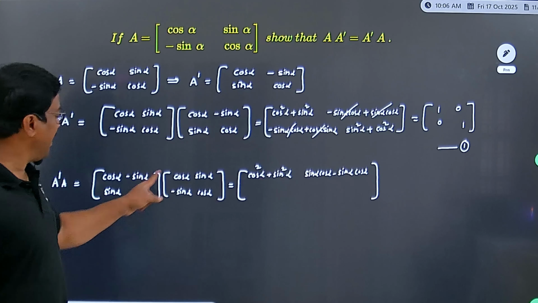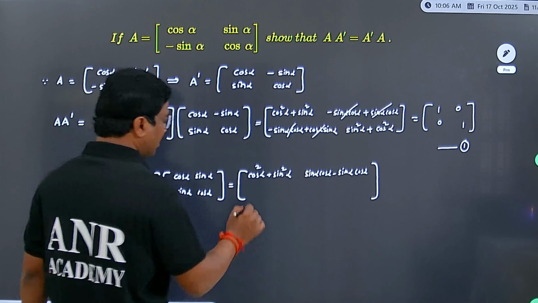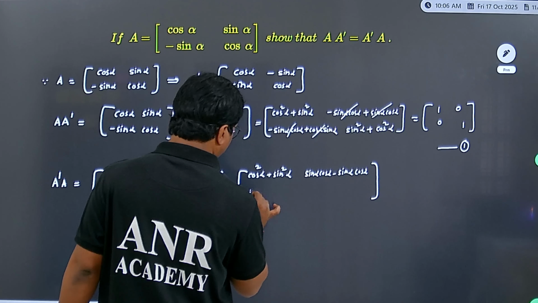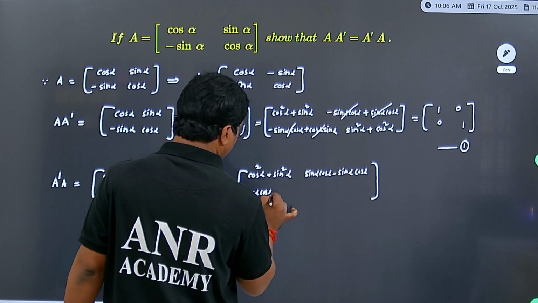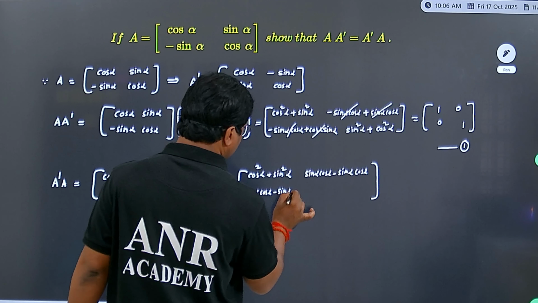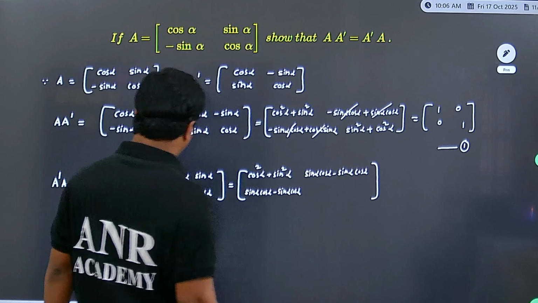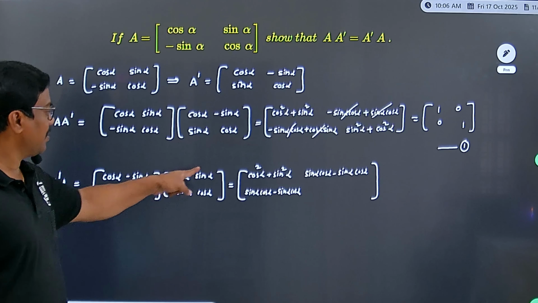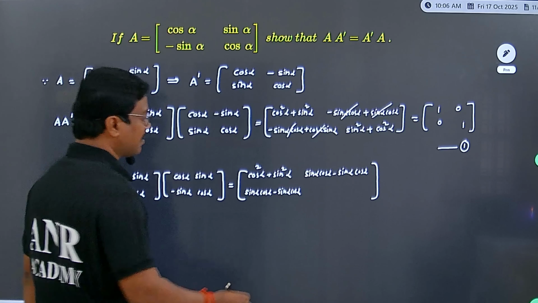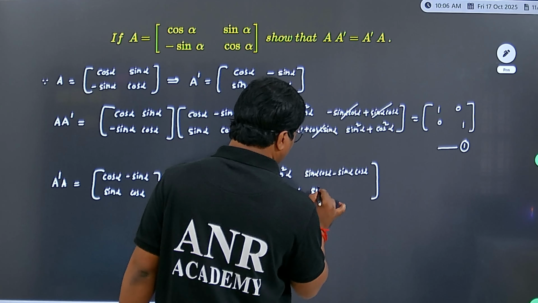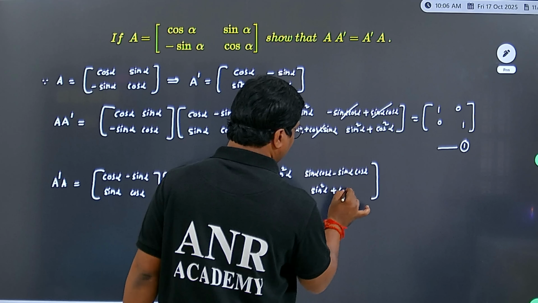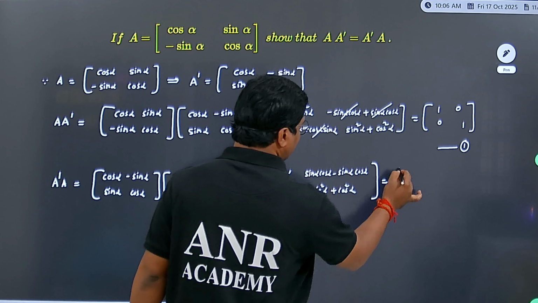Next, sin into cos, cos into minus sin, that is sin alpha into cos alpha minus sin alpha into cos alpha. Sin into sin, sin square, cos into cos, cos square. So by the trigonometric identity we get sin square alpha plus cos square alpha.